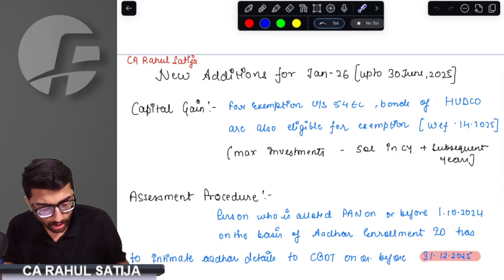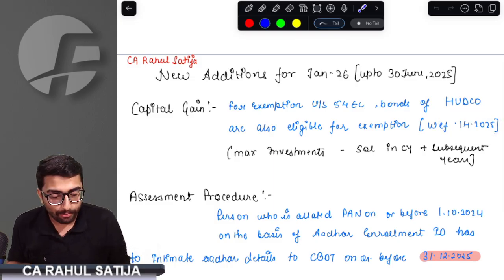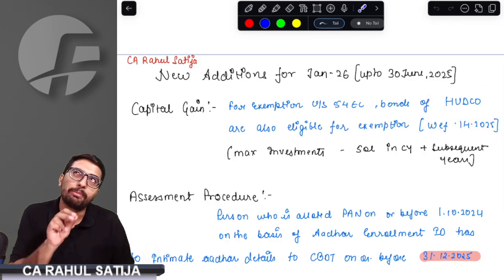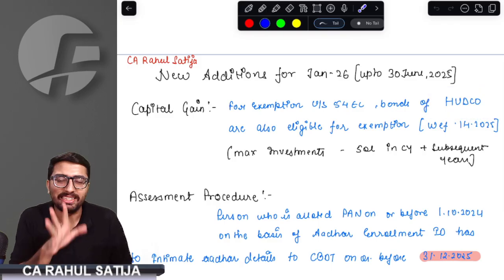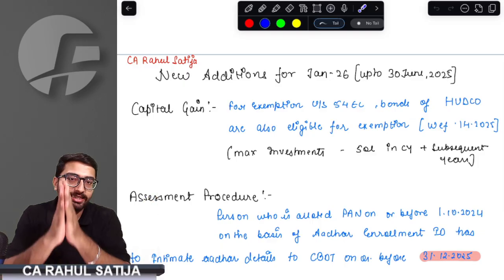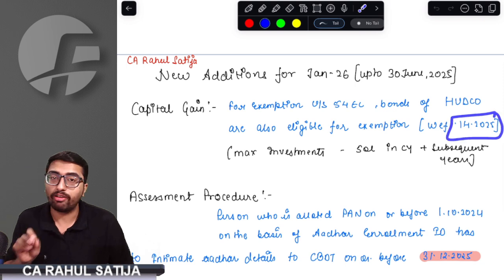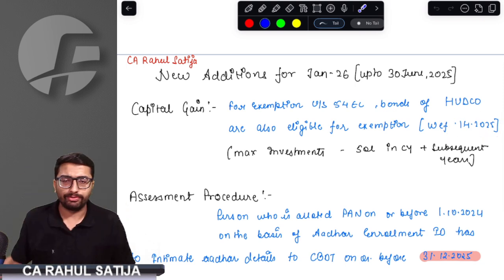But with effect from 1st April 2025, another bond is added to this list: bonds of HUDCO, Housing and Urban Development Corporation, I guess it is the correct name. Bonds of HUDCO are also available for exemption under section 54EC, but only with effect from 1st April 2025.